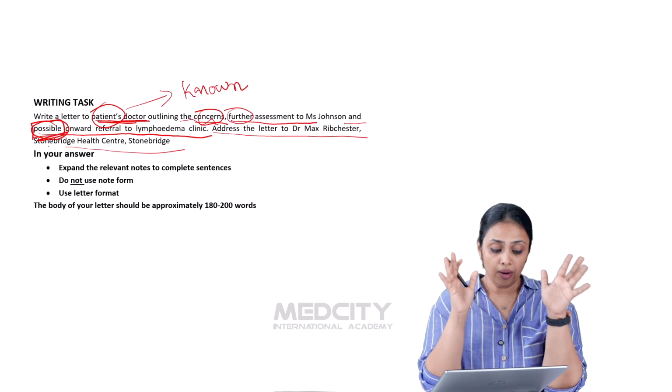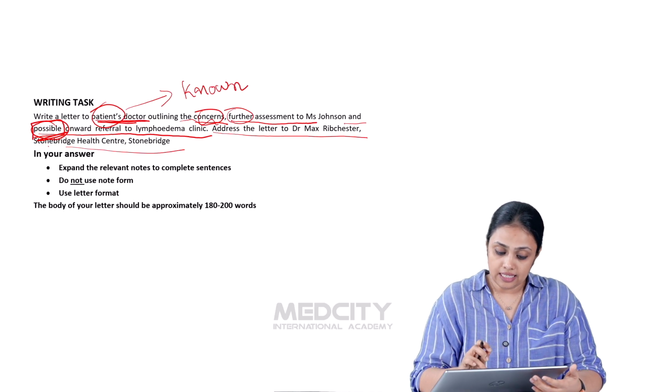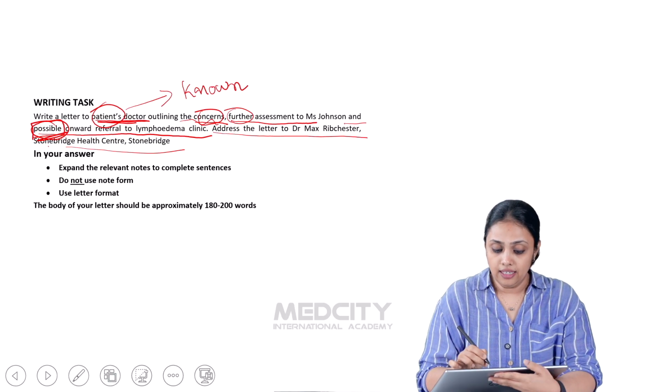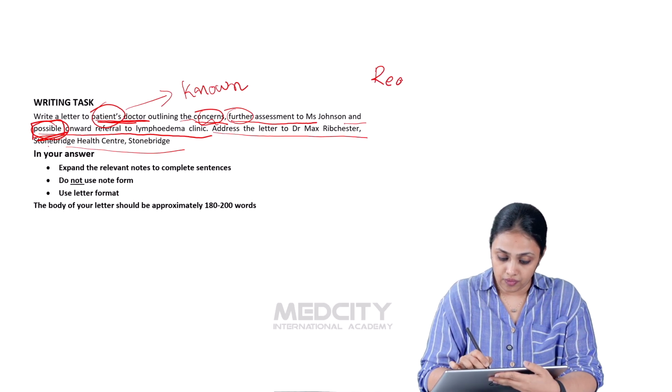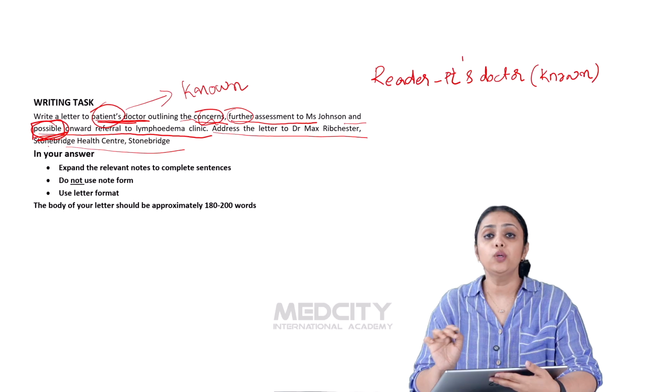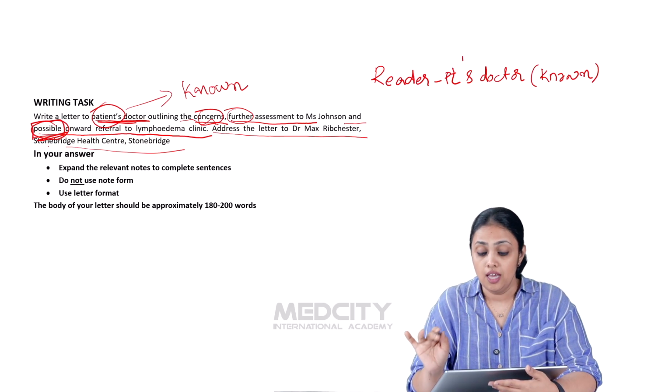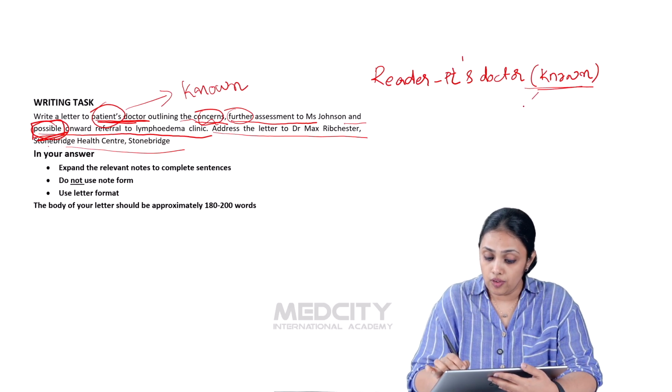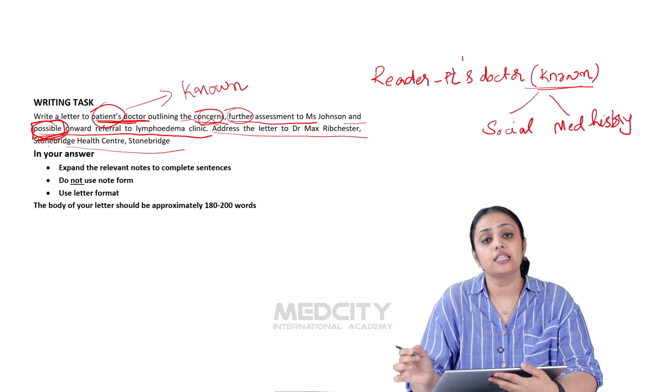Okay, so from the writing task, now let's see what details we have understood. We understood that the reader is patient's doctor, and for that reason it is a known case. Now why do we differentiate between known case and unknown case? Because if it is a known case, we will not be including the social background and the medical history details in our letter.